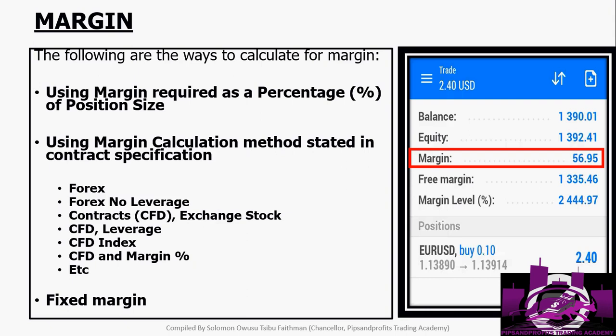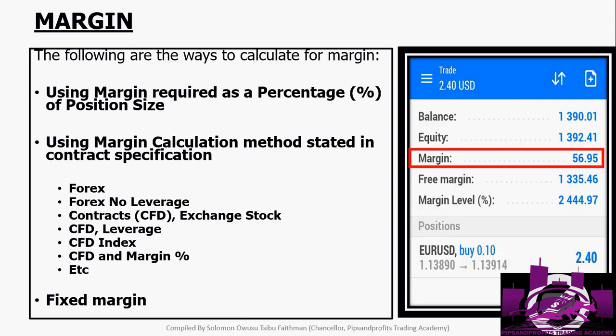And the second aspect of it is that sometimes, as we learned from the contract specification, the broker will specify how your margin needs to be calculated, or the method you will need to apply when you want to calculate your margin. So we said that there is a method for calculating margin, and that method is the method for Forex.